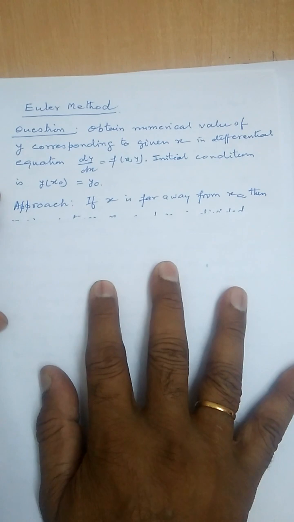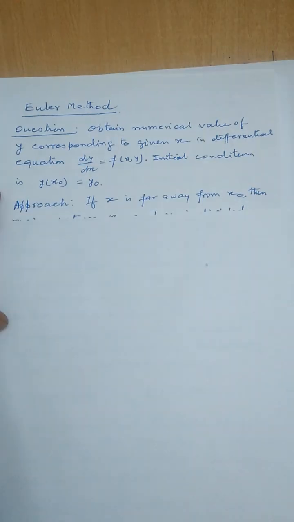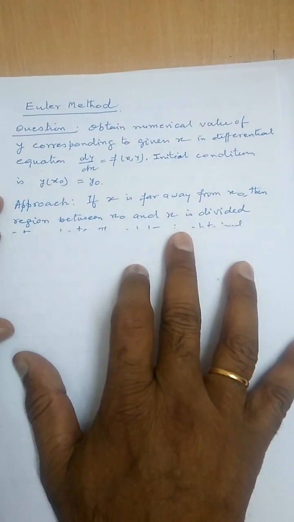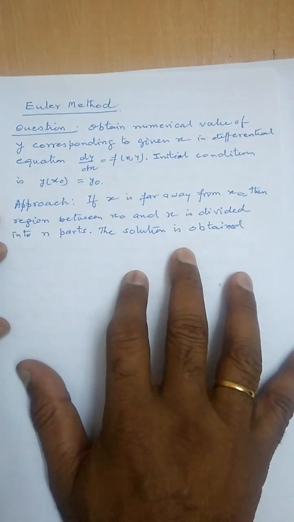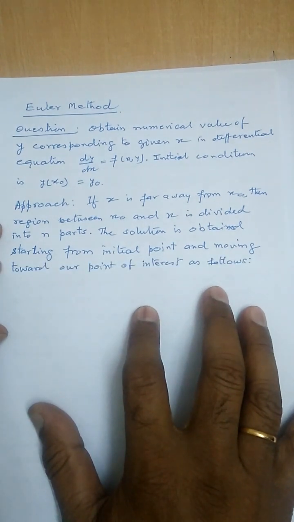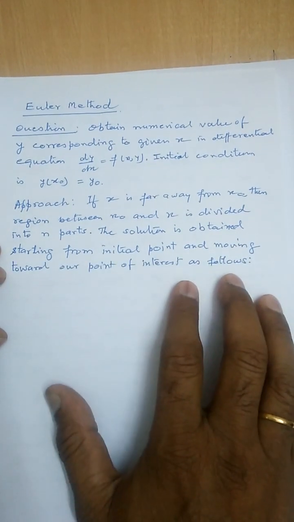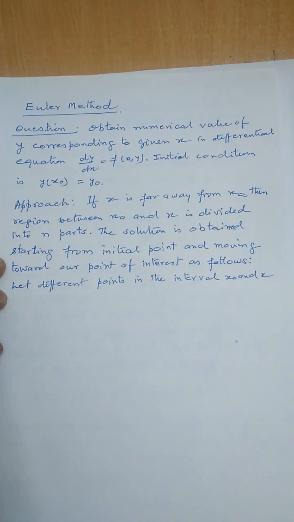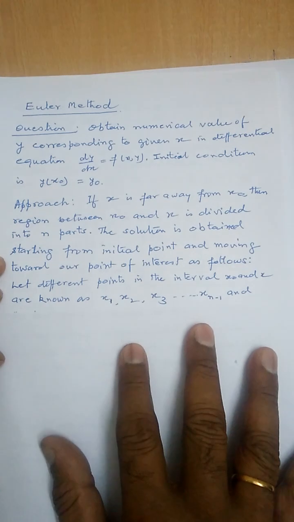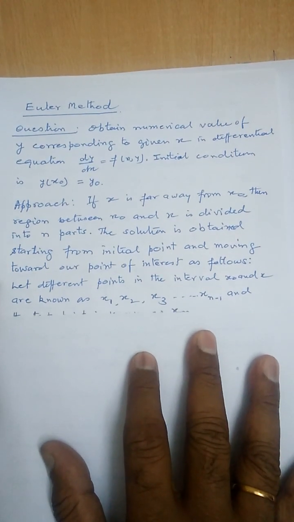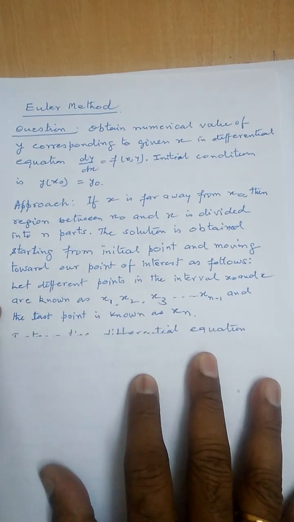If x is far away from x0, then the region between x0 and x is divided into n parts. The solution is obtained starting from the initial point and moving towards our point of interest as follows. Let different points in the interval between x0 and x be x1, x2, x3 up to xn minus 1, and the last point is xn.